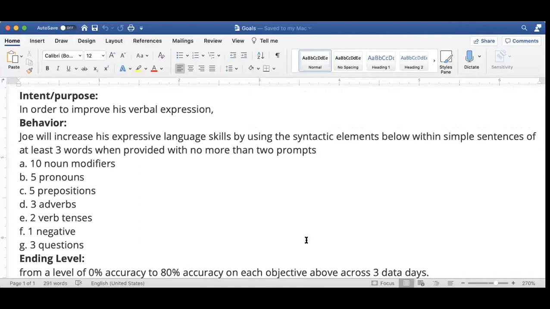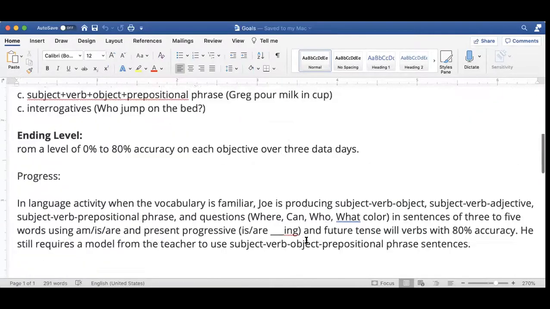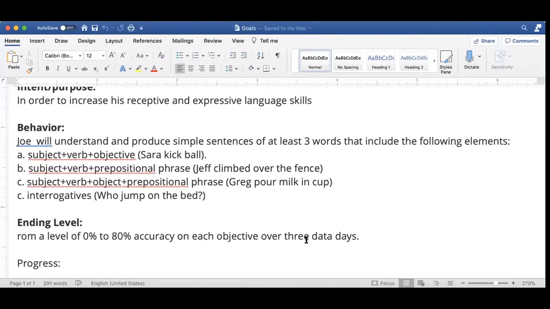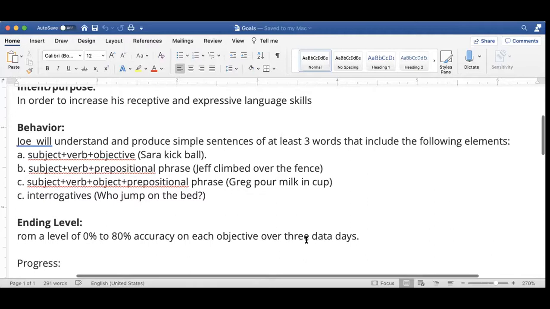For the first one, you're just saying that the child will be able to produce the following sentence types: subject, verb, object; subject, verb, prepositional phrase; subject, verb, object, prepositional phrase; interactives. That is a goal for level 2. So it mirrors those sentence types exactly.